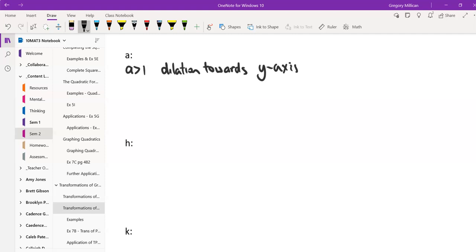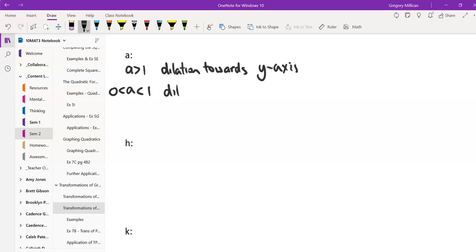What did you discover when A was between 0 and 1? No, between 0 and 1. So like a half, or 0.4, or 0.9. It's going wider, isn't it? It's getting wider. So it's dilating away from the y-axis.